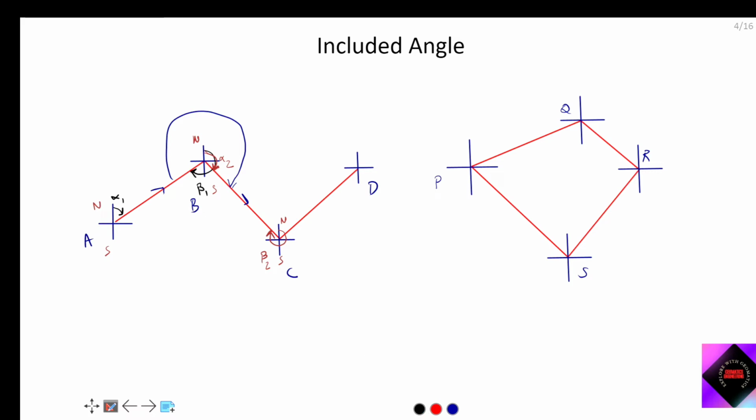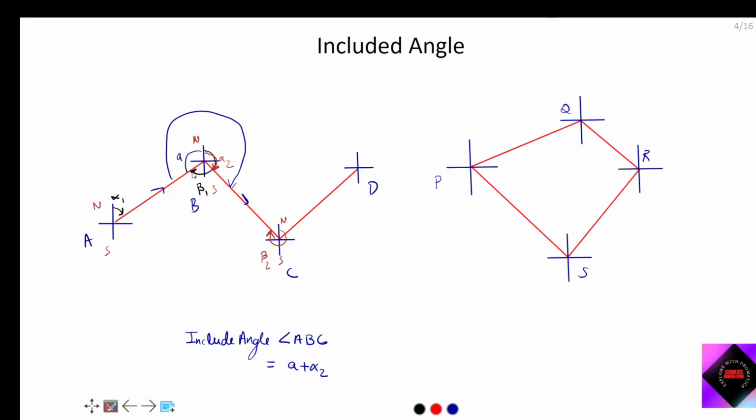So for example, I am writing down this angle as A. So I can say the included angle ABC is equal to A plus alpha 2, and A is nothing but, as you can see, 360 degrees minus beta 1.